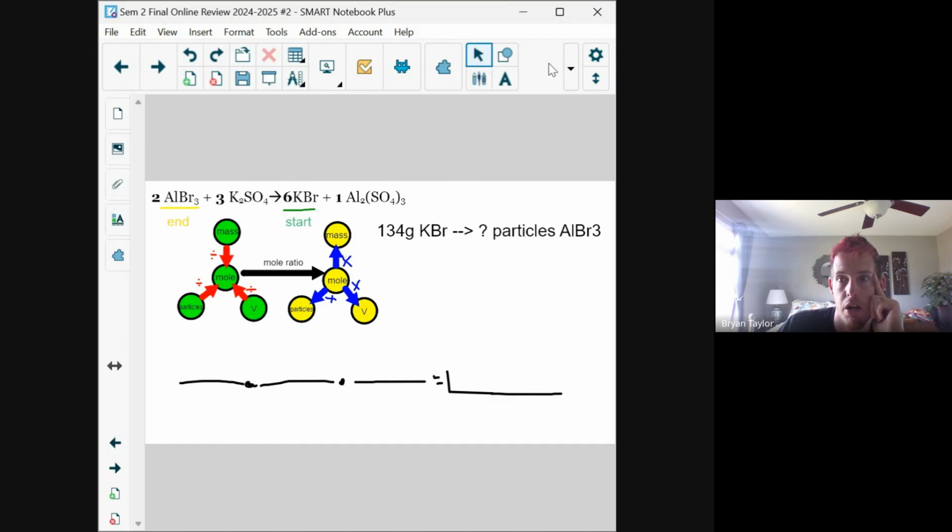So, big thing. Okay, I'm going to color code. You're going to start with 134 grams. Okay? If you're starting here, your path is this: 1, 2, 3. So this is your path.